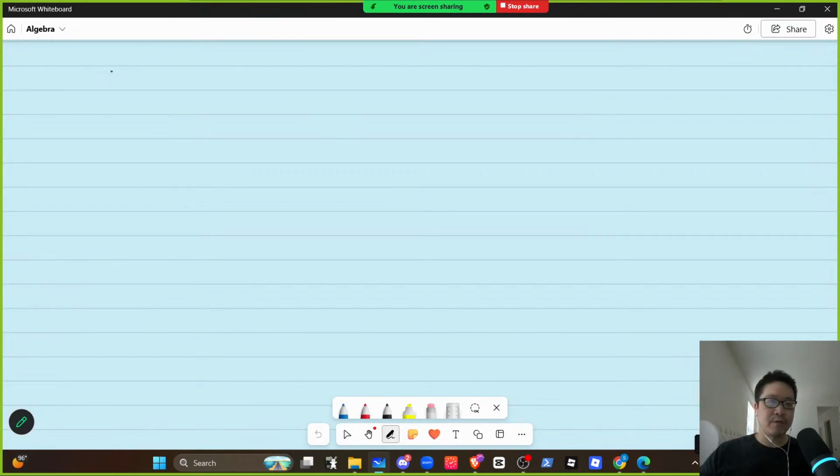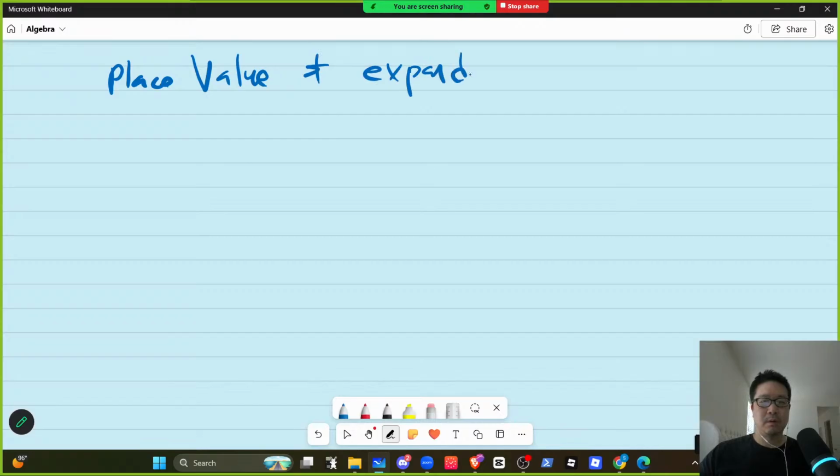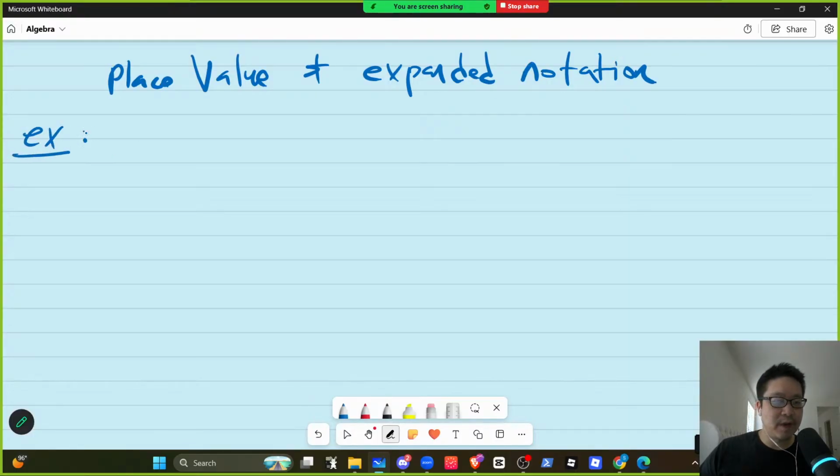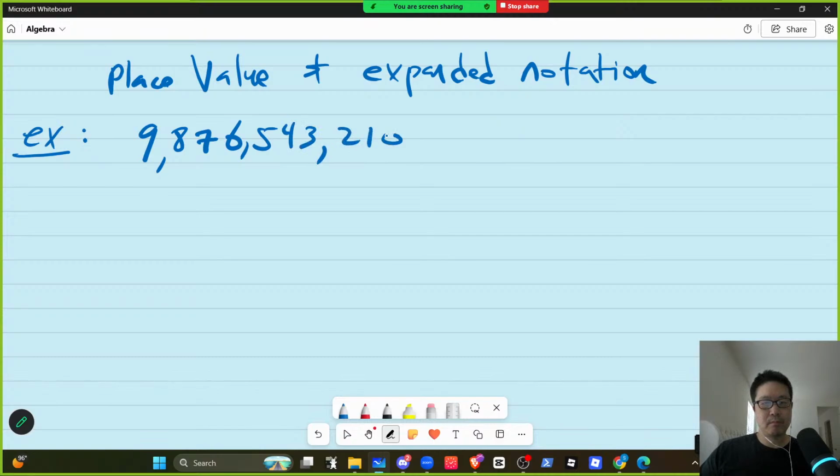Last time we went over place value and expanded notation. So let's say we had an example of a very large number, like this.